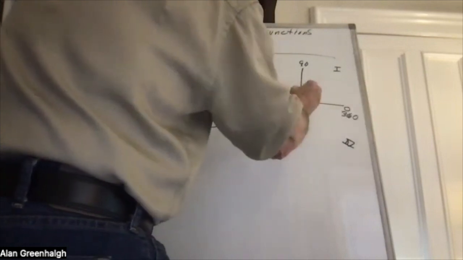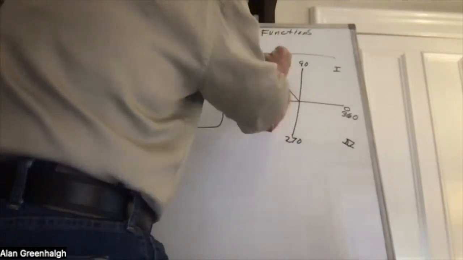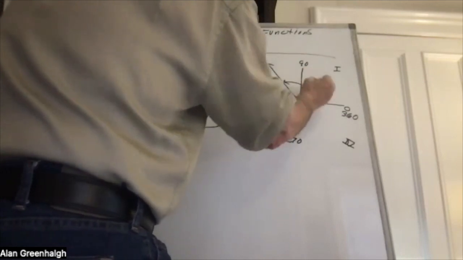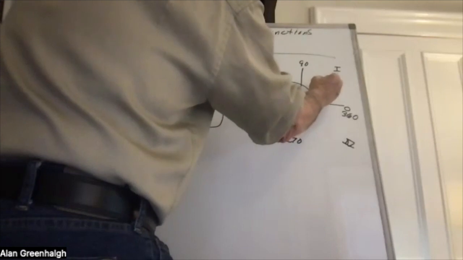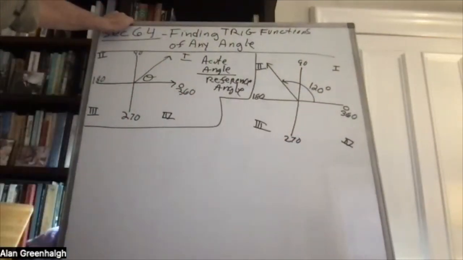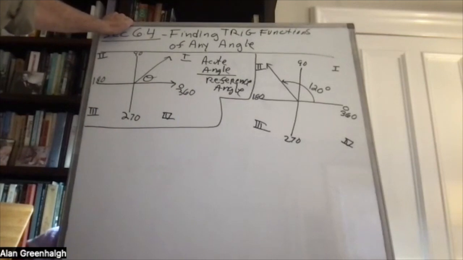Let's just create an angle here. Let's say this is 120 degrees. And we want to find out a little about a 120-degree angle.